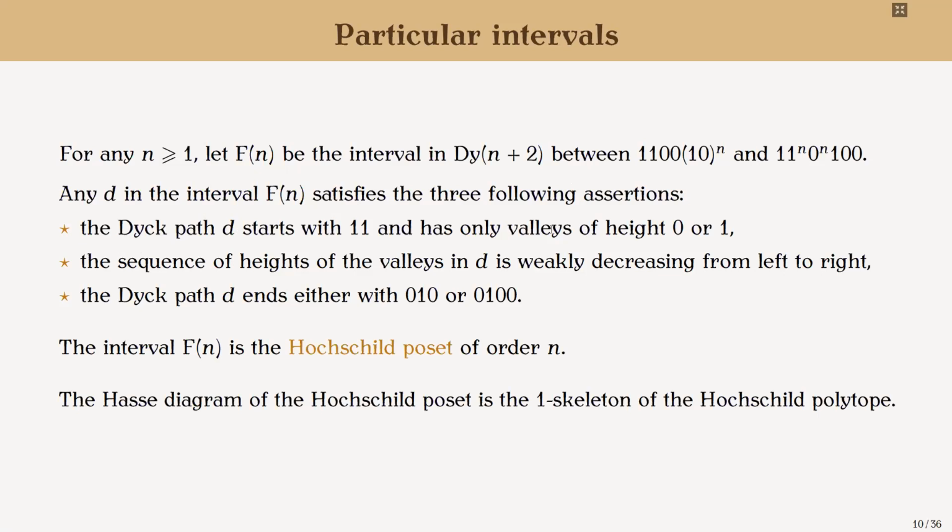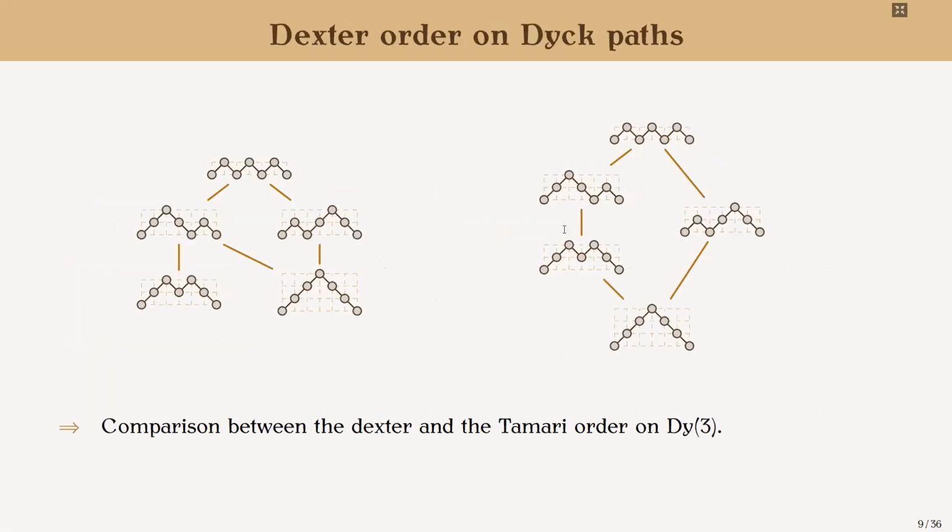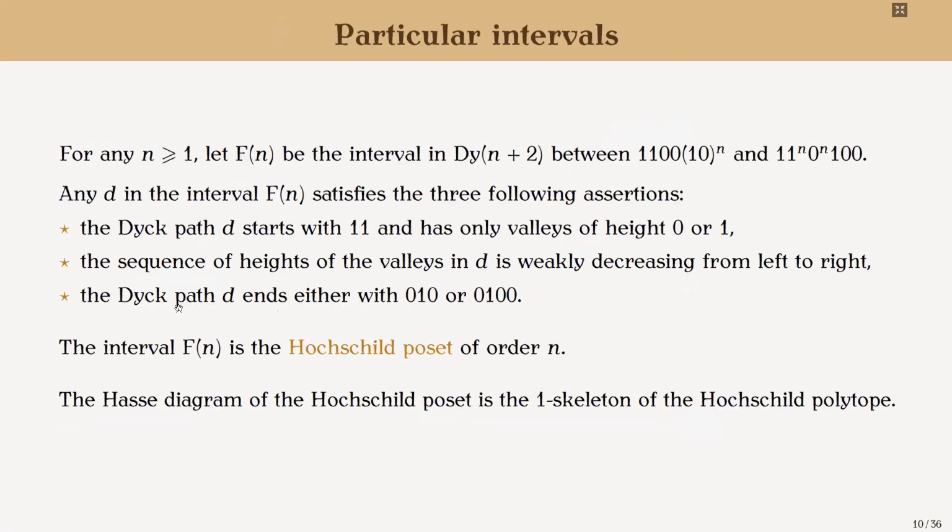A valley is simply a down step followed by an up step. So 0, 1, it's a valley. And the height of the valley is simply this height here. So for instance, this valley has a height 0, and this one has a height of 1. I'm not sure about the pronunciation, sorry.